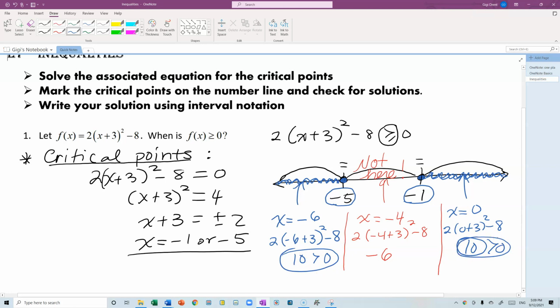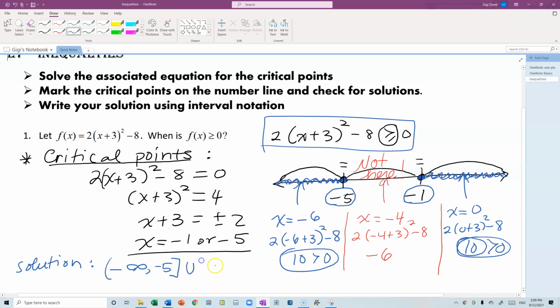So then, when does this happen? Well, this happens when x is in the interval negative infinity to negative 5, including negative 5, or we would use union, negative 1 to infinity. Okay, so that is when f of x is greater than or equal to 0.